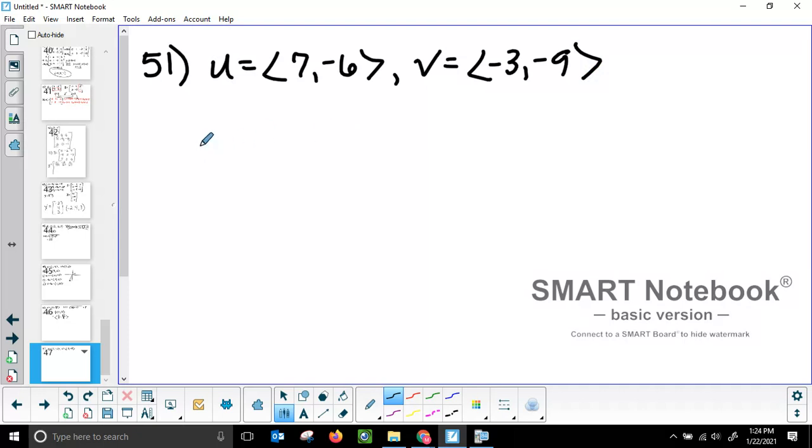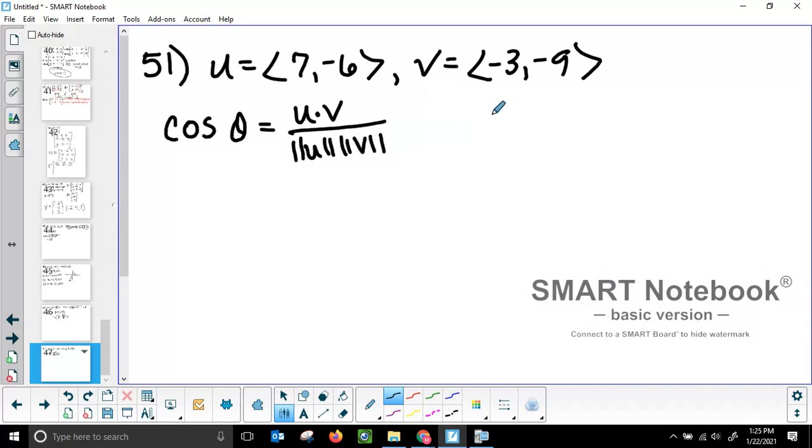All right, now the formula for the angle between two vectors, which will be on the formula sheet that I give you, is going to be cosine of theta is equal to U dot V over the magnitude of U times the magnitude of V.